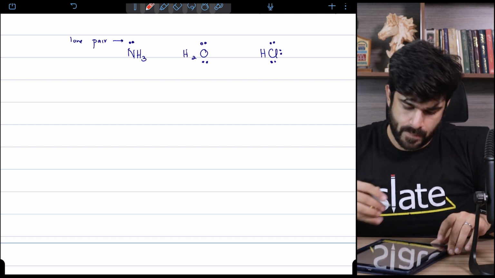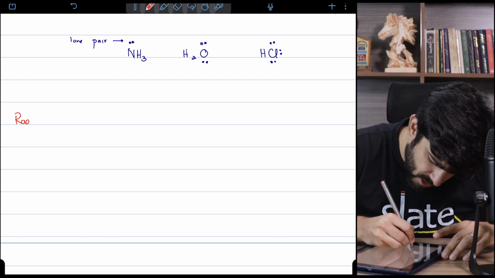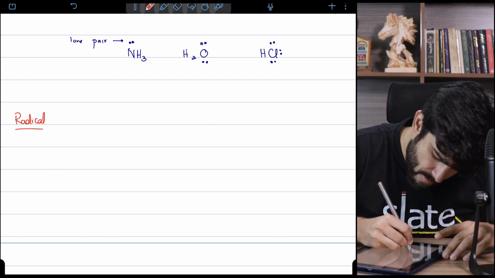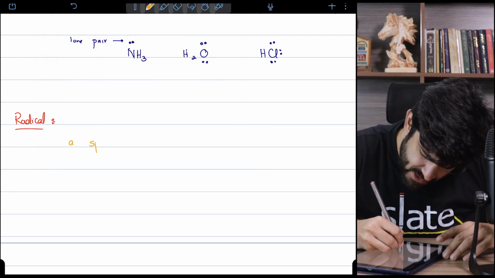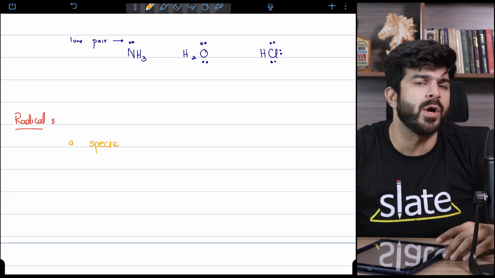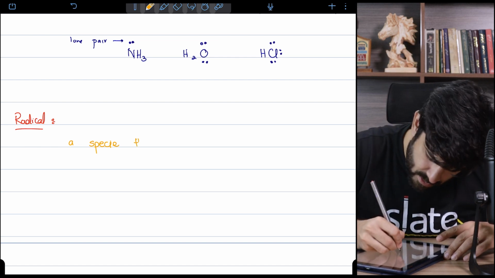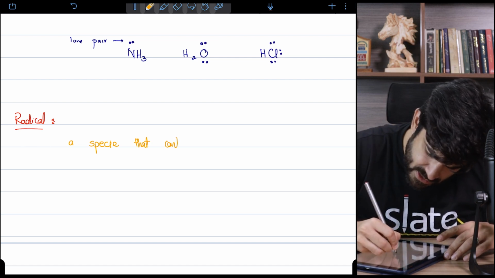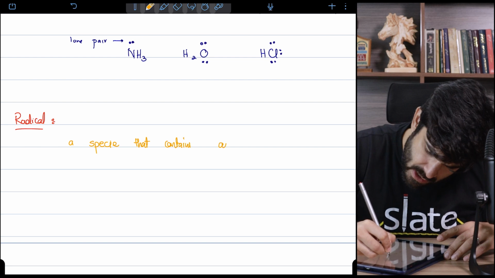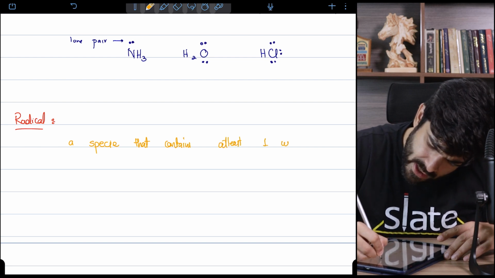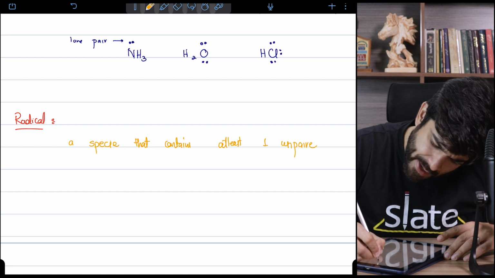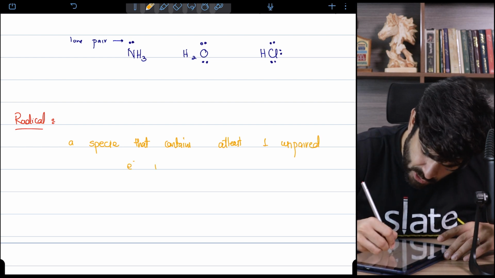So this is lone pair. Then we have another concept of radical. A species, it can be any species, it can be an ion, it can be an atom, that contains at least one unpaired electron in the valence shell.